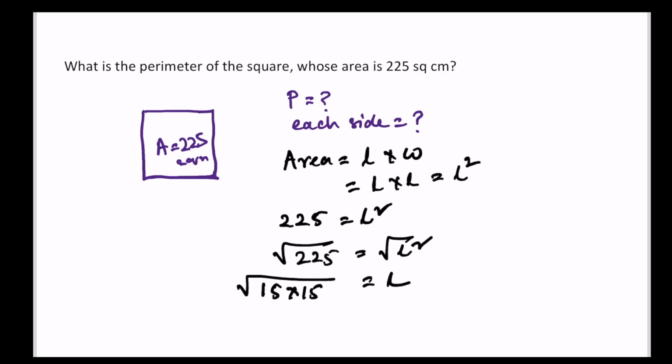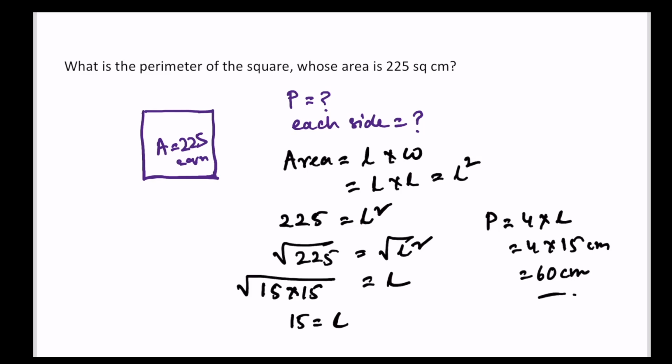So the length will be 15 centimeters. So if you find the length, the perimeter of a square is 4 into the measurement of each side, which is 15 centimeters. So 4 times 15 centimeters is 60 centimeters. The answer we got: perimeter equals 60 centimeters.